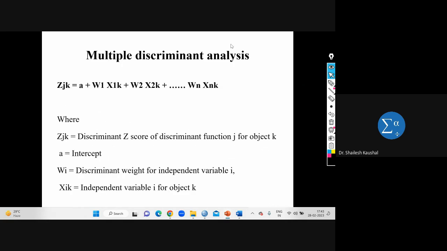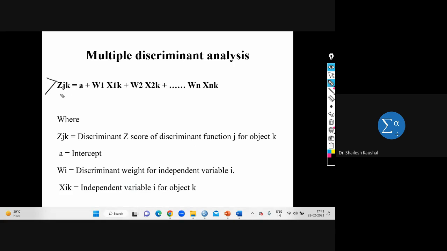This is the equation of multiple discriminant analysis. Here it is the same as multiple regression analysis. The only difference is that in discriminant analysis, our outcome variable is categorical.